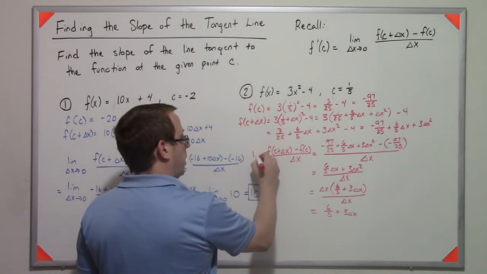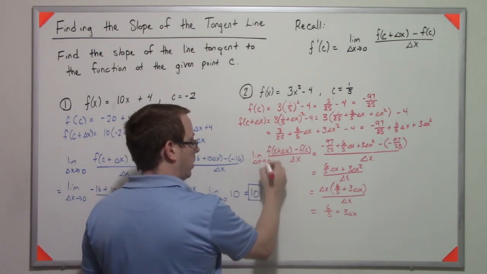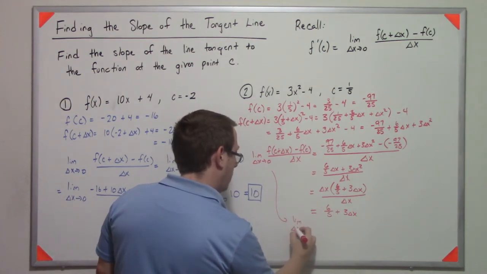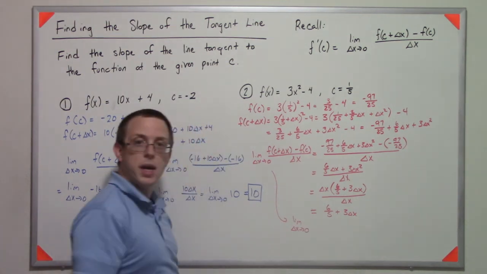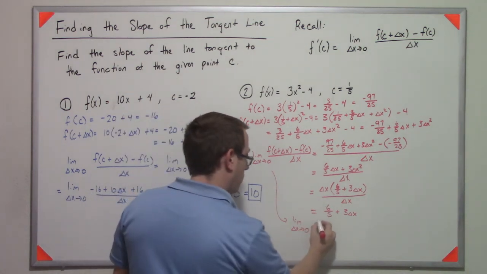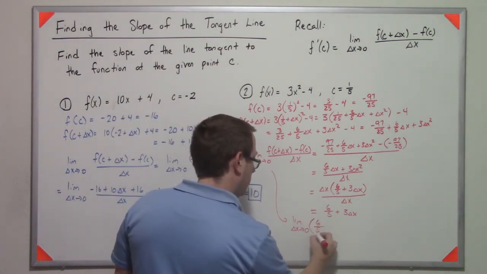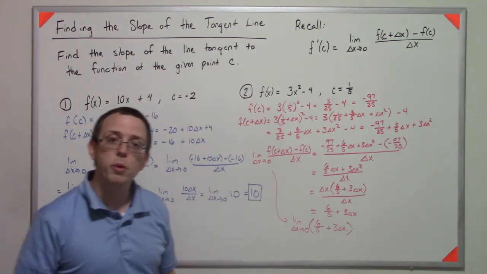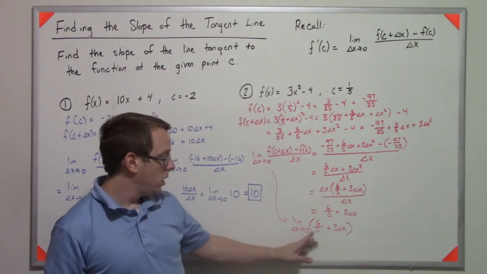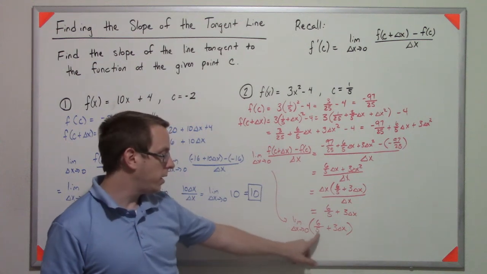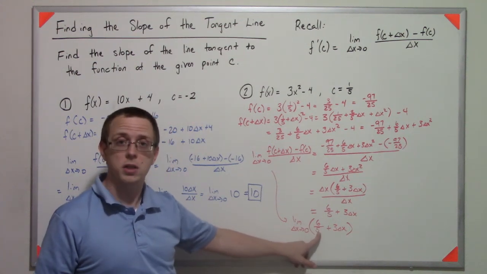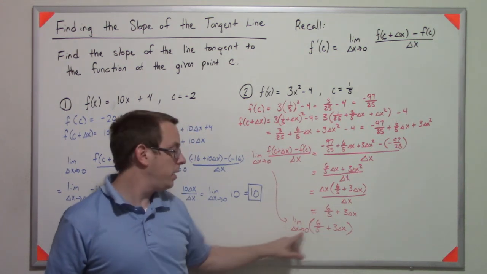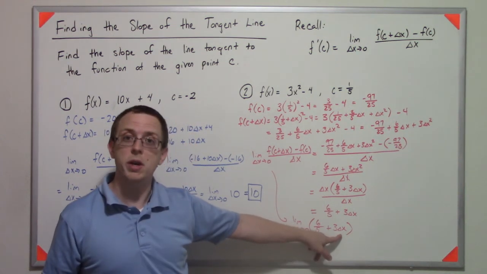Then if I take the limit as delta x approaches 0 of 6/5 plus 3 delta x, and if you remember your properties of limits, since I have two things added together, I can take the limit of the first one, and that's a constant, so it doesn't matter, and the limit of the second one, well, as delta x goes to 0, so does 3 delta x.